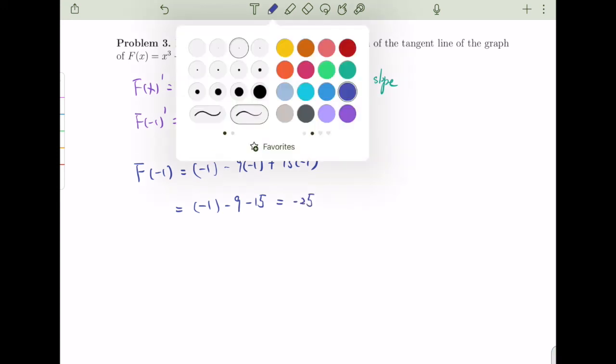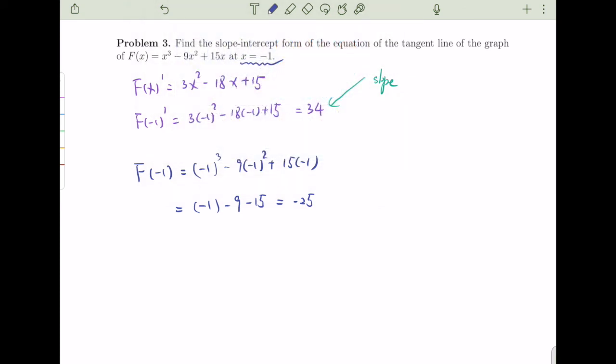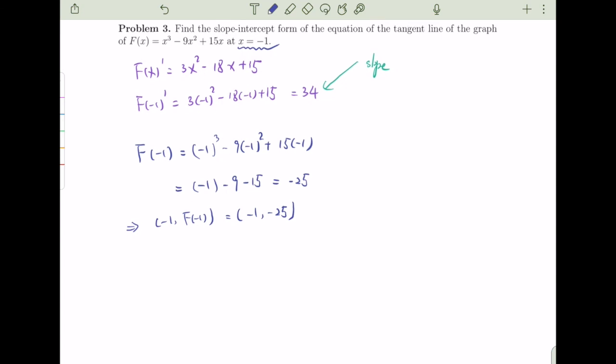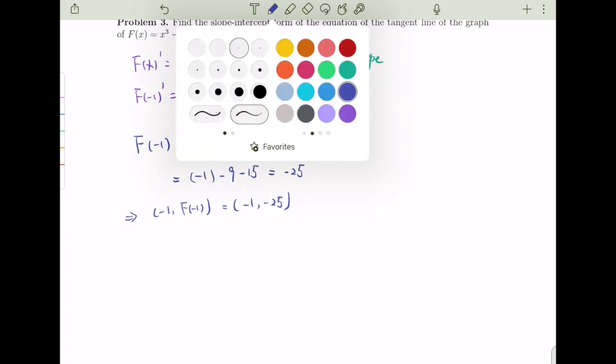So now our point, negative 1, f of negative 1, is equal to negative 1, negative 25. Okay, so this is our point.